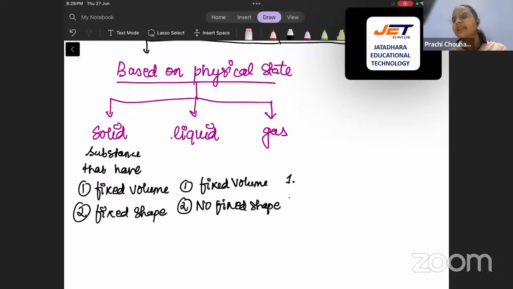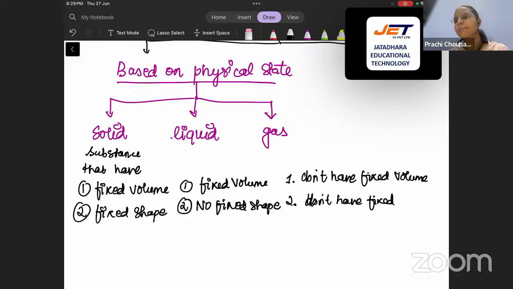Whereas the gases, they don't have fixed volume, neither do they have fixed shape. So that's how we will be defining solid, liquid, and gases.